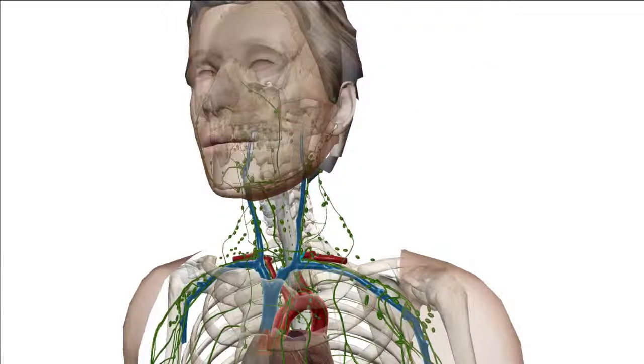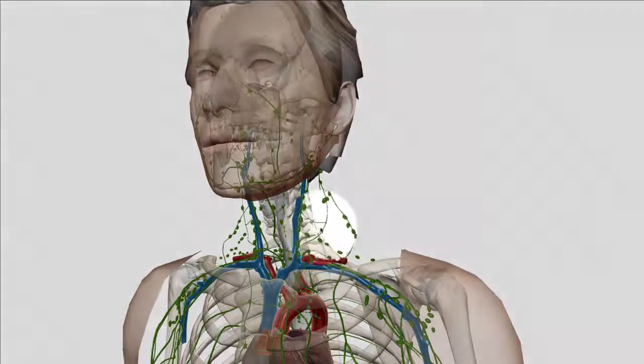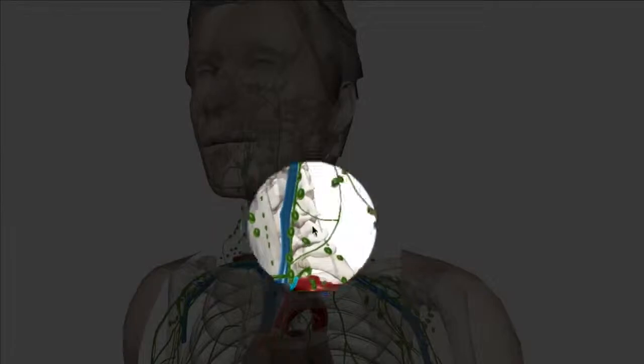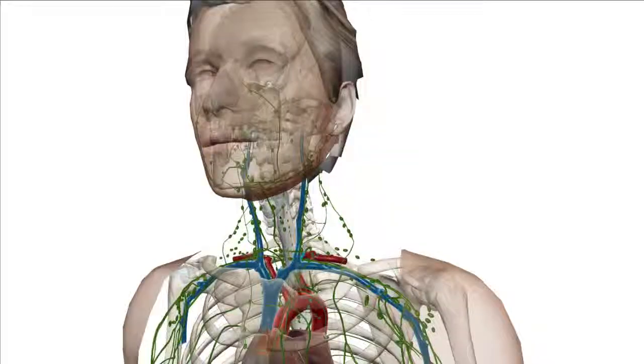Take a look at the lymph node clusters, starting with the cervical lymph nodes. Remember, these are clusters of lymph nodes around the cervical region, right? So these are all the lymph nodes just around the neck, and usually the head and the neck are the areas that are drained by the cervical lymph nodes. And what associated pathology do we need to know? Well, patients that have upper respiratory tract infection, streptococcal pharyngitis, right?